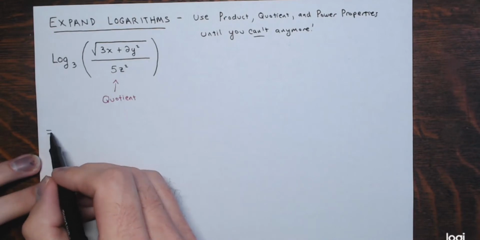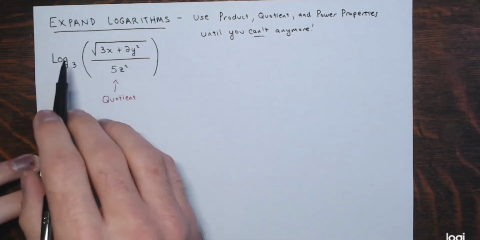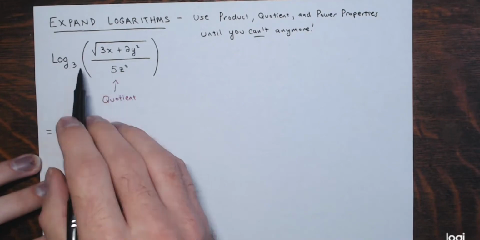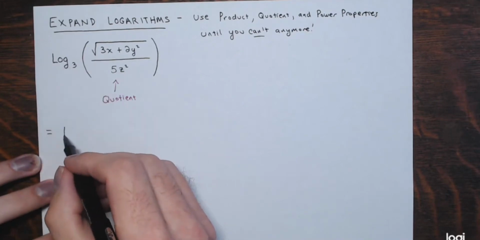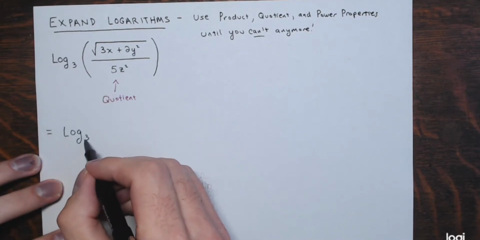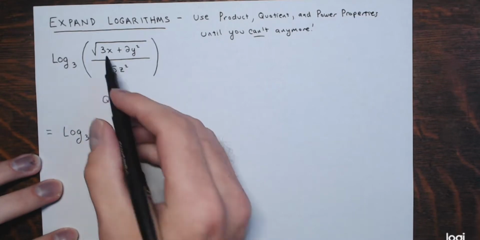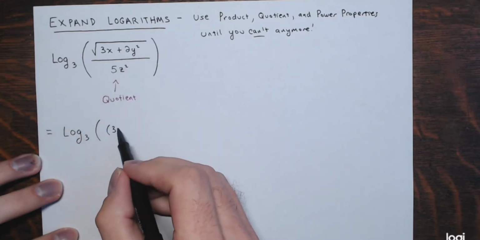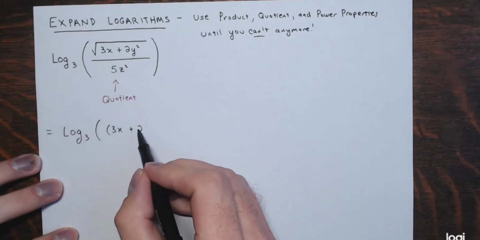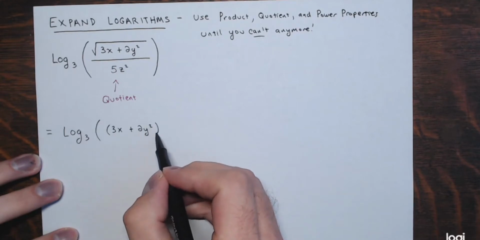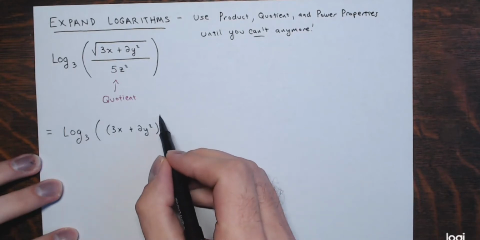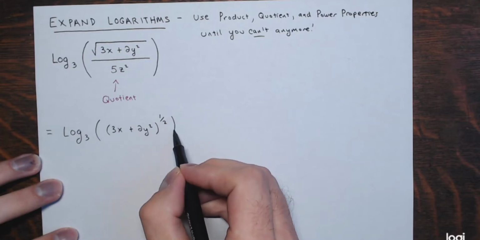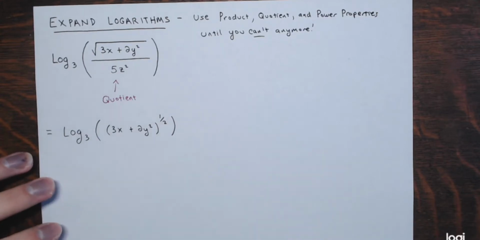Okay, so first I'm using the quotient property. Now remember, the log of a quotient is the log of the numerator, so log base 3 of, now the numerator is 3x plus 2y squared, all of that, the radicand, to the 1/2 power, instead of the square root.